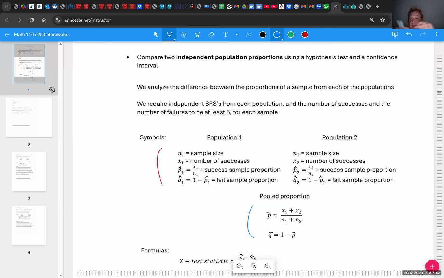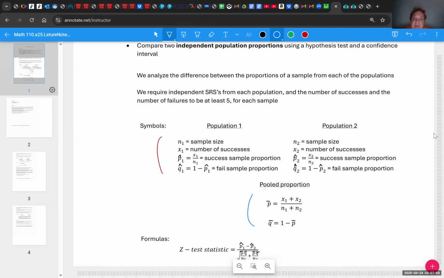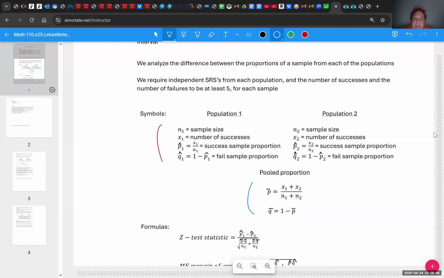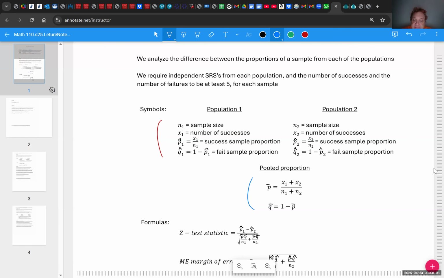So you take all the successes from both populations, add them together, take all the sample sizes from the two populations, add them together, and that will be the proportion of both samples. The pooled proportion is what the math people call it. And if that's a success pooled proportion, then we have a failure pooled proportion, which is just the other part of the 100%. So a 60% pooled proportion of successes means a 40% pooled proportion of failures.